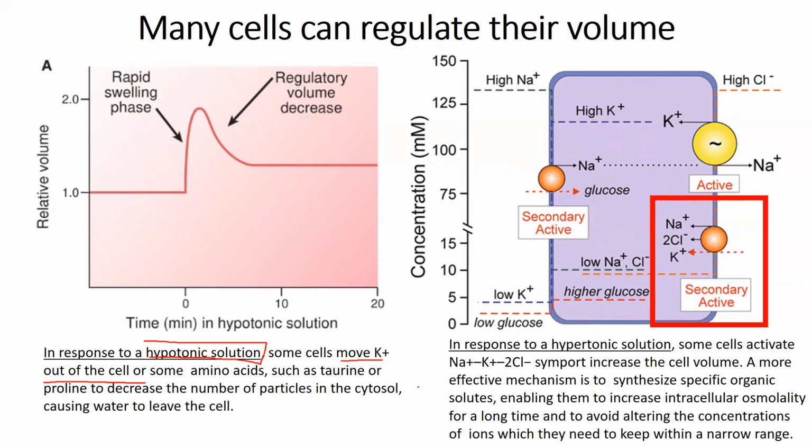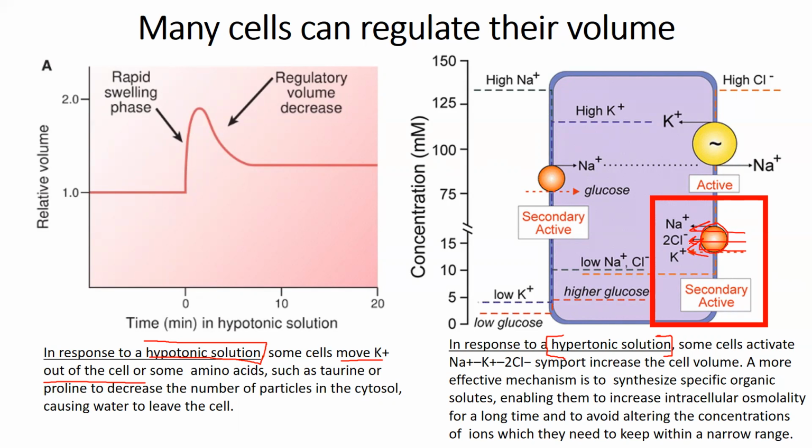Another mechanism is in response to a hypertonic solution. When the cell is put in a hypertonic solution, it would shrink, right? Because water will move from the inside to the outside. But in this case, cells have a way to regulate this by activating the sodium-potassium-chloride cotransporter, which is a secondary active transport, to transport more ions to the inside of the cell.